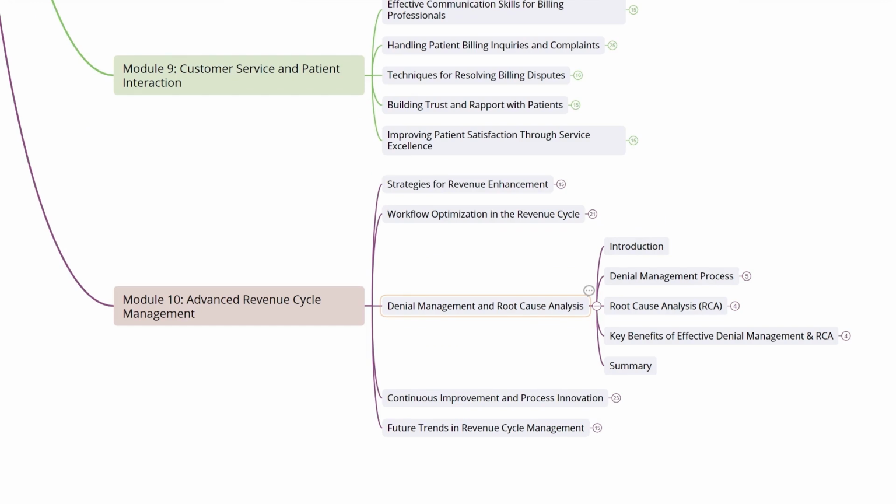Next, denial management and root cause analysis. Denials can significantly hinder cash flow. Learning how to analyze denial patterns helps identify systemic issues such as documentation gaps or coding errors, and implement corrective actions to reduce future denials.